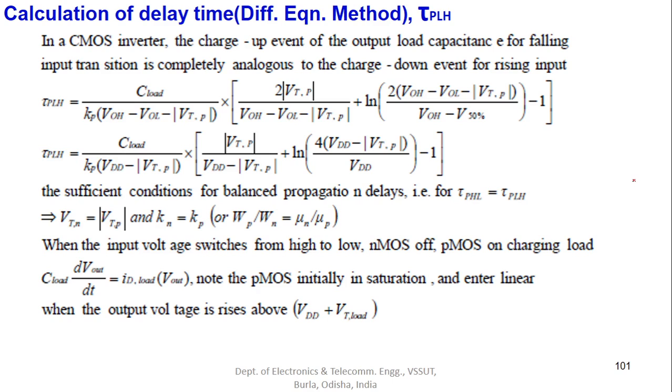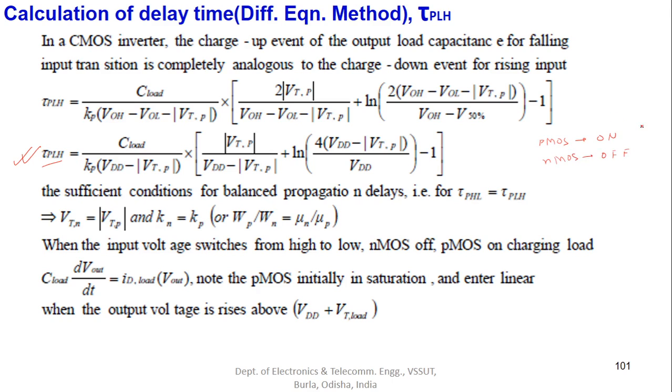Similarly, you can derive the equation for tau PLH, and finally it will come out like this: tau PLH. This is the common parameter, that is C load by Kp times VDD minus mod of VTP. Now in this case, you know that the PMOS will be on and the NMOS will be off, because the output is going from low to high, that is, the output is charging.